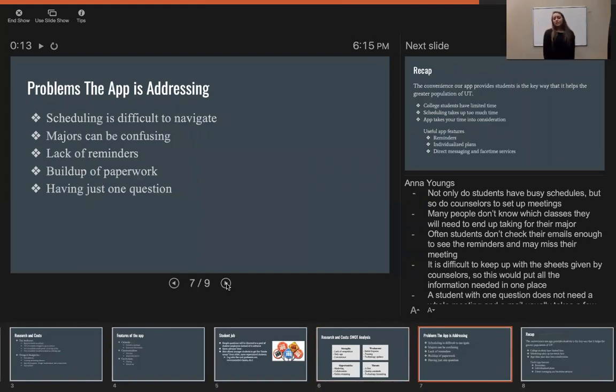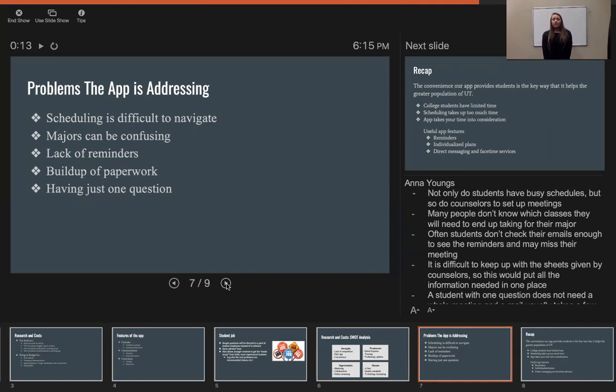A few of the issues our app is going to address is that scheduling is really difficult to navigate, not only for students, but also for advisors who are talking to hundreds of students a day. Majors can also be really confusing, and it'll be an easy place for students to see what classes they'll be taking throughout their 4 years at UT. There's a lack of reminders.